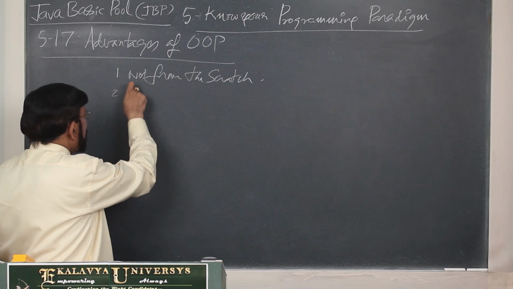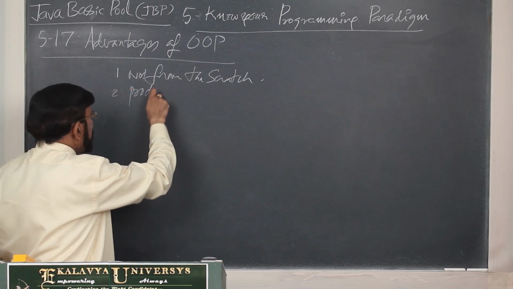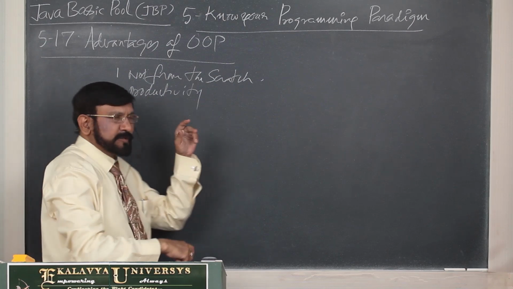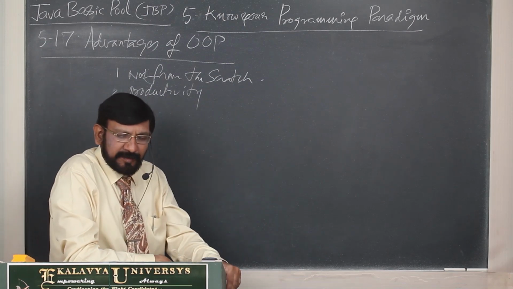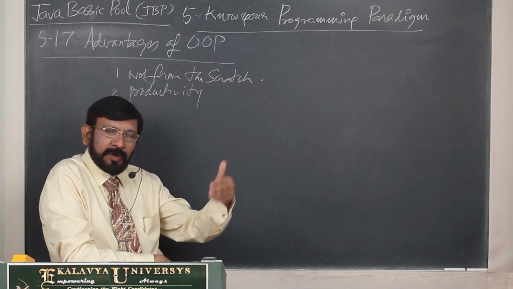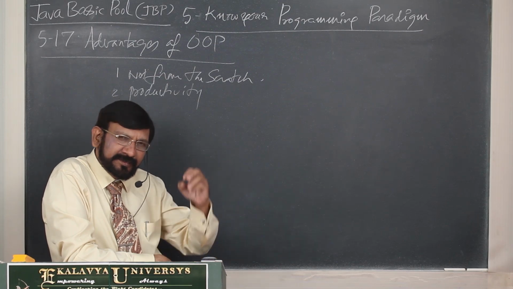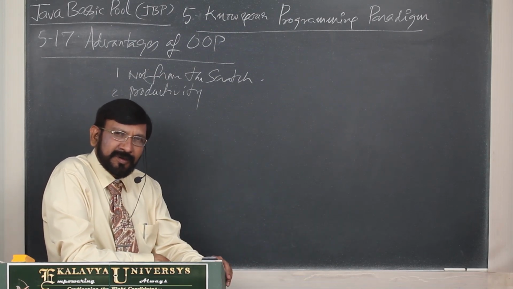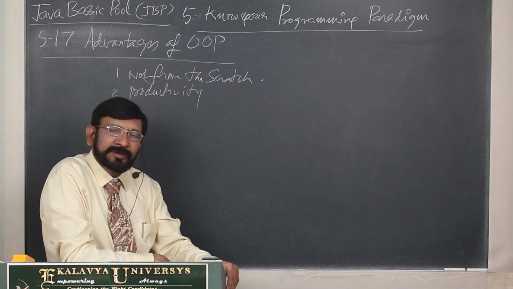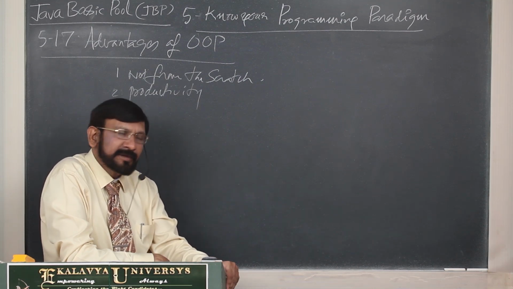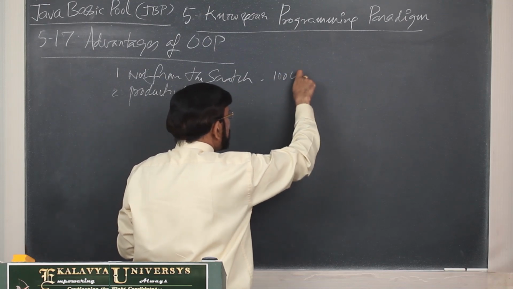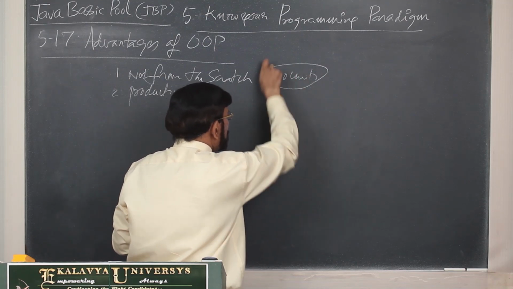Second one, productivity. This is also linked with the first point. When you are using existing components for developing new systems, obviously your productivity is increased. Understand? Suppose for developing a new system, 100 units of work you are supposed to do.